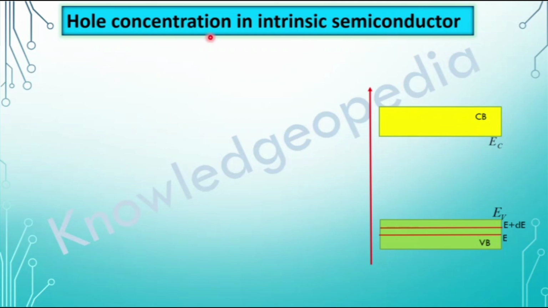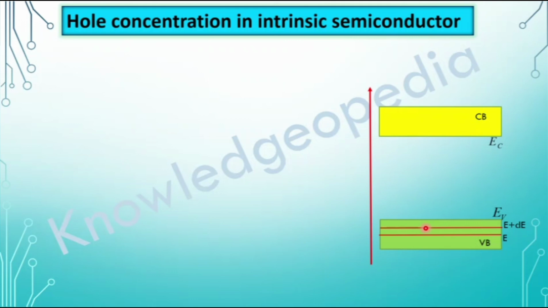For this whole concentration calculation, we first consider two states in the valence band, one at energy E and the other with a small energy interval, with energy E plus dE. Then we calculate the number of holes present within these two states, and we integrate that starting from Ev to the bottom of the band to obtain the total number of holes within the valence band.